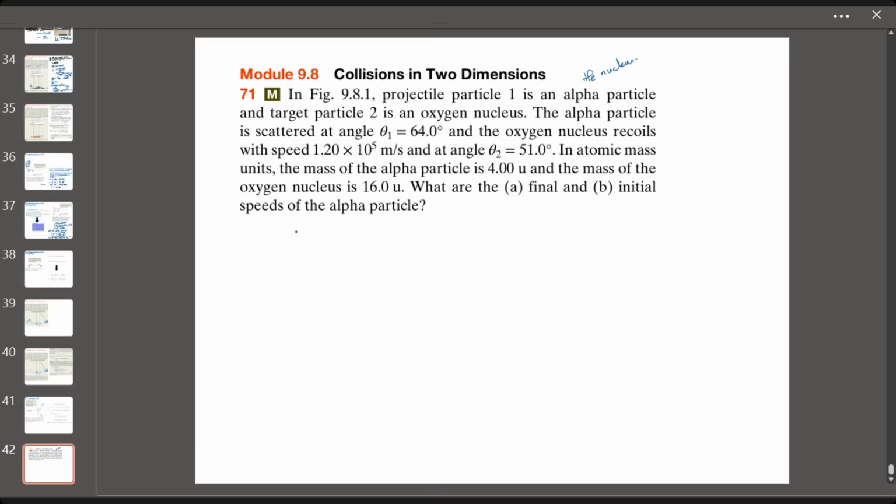So one thing I know is the alpha particle was targeted towards the oxygen nucleus, and then it's scattered.